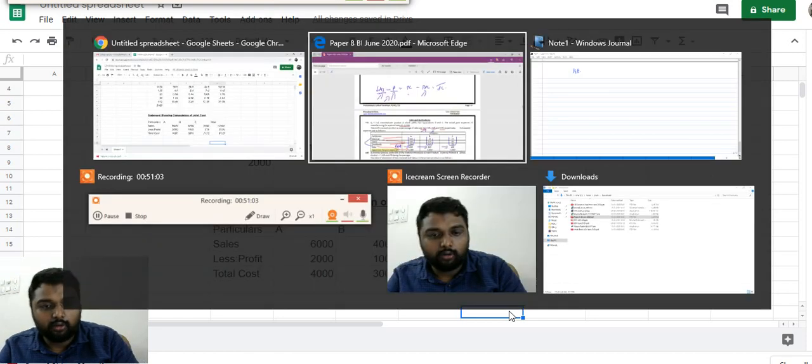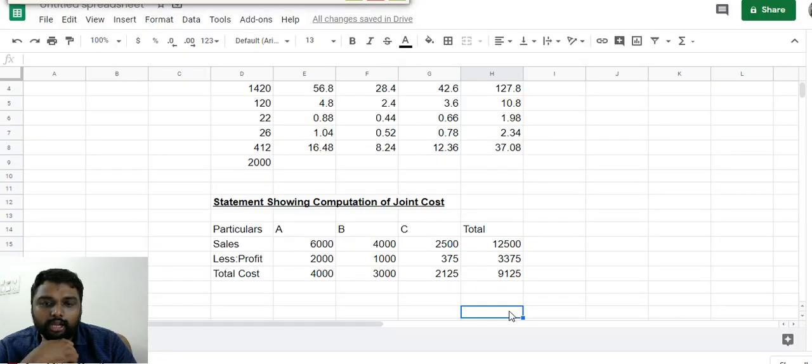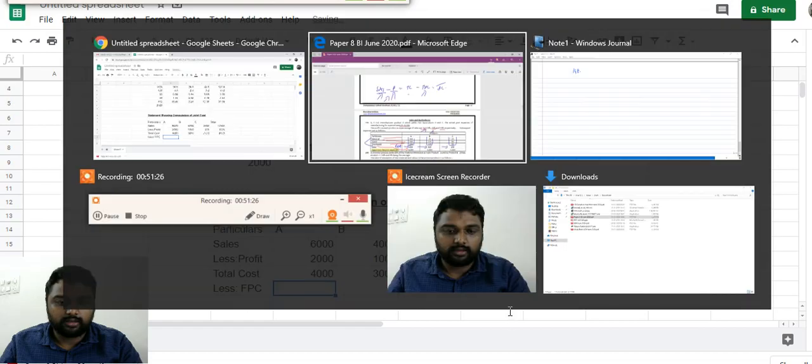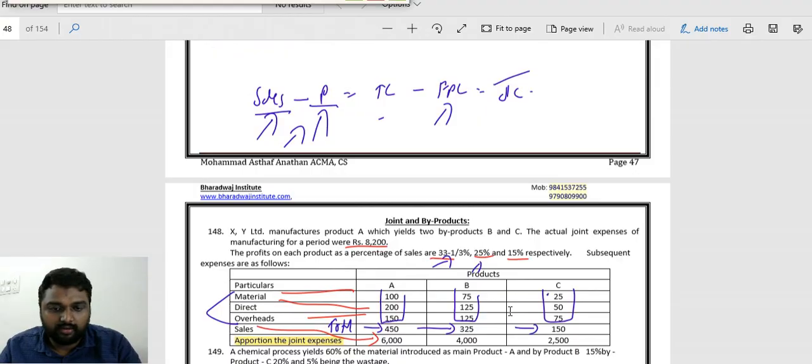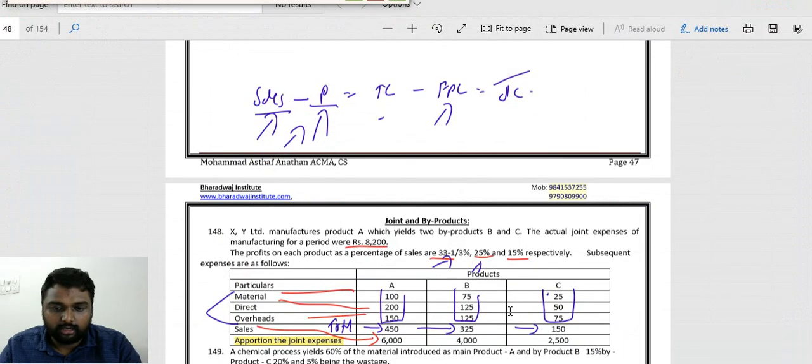So how to apportion? Sales minus profit gives total cost, minus further process cost we will get joint cost. So we got total cost so far. Now what we have to do? Less further process cost. What is the further process cost? The question itself has given the totals: first product 450, second product 325, third product 150.